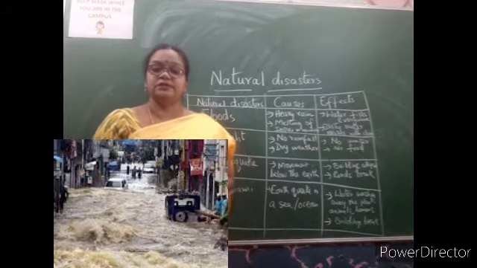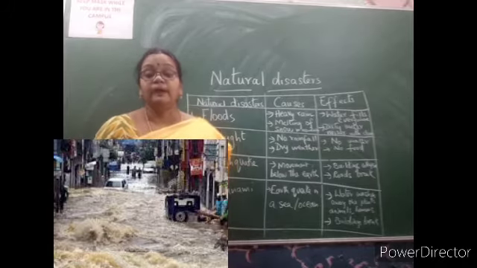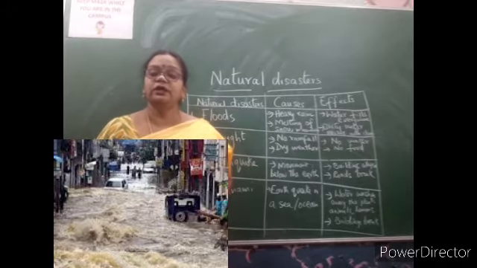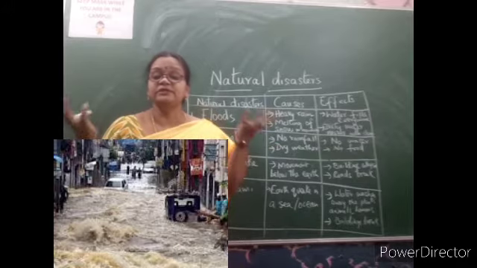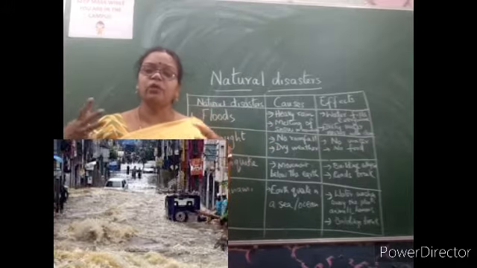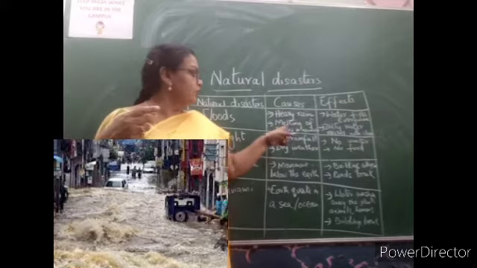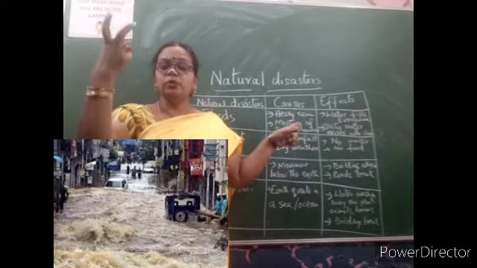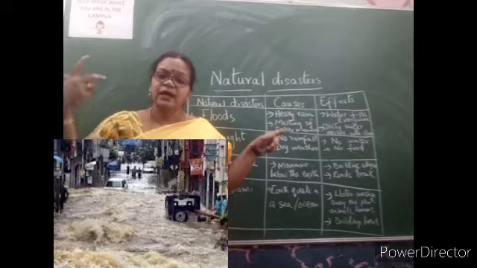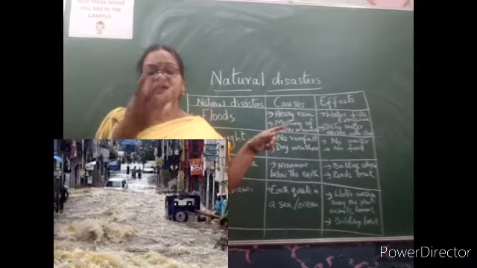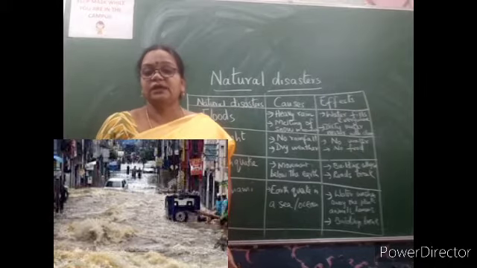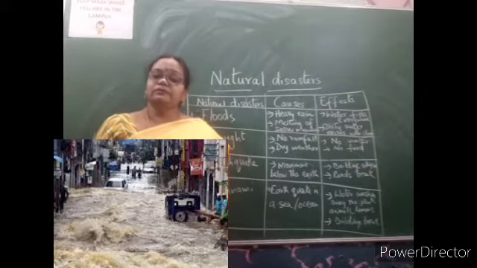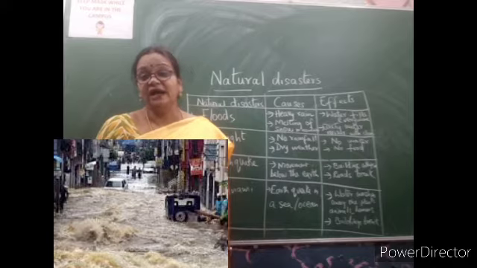We are cutting trees, and what happens is called global warming. You will be learning in further classes. Because of that heat, temperature is rising, the earth is becoming warmer and warmer. So the snow in the mountains will melt and become water, and they will fill the rivers. Wherever they fill more and more, it will start overflowing, and that is the floods.